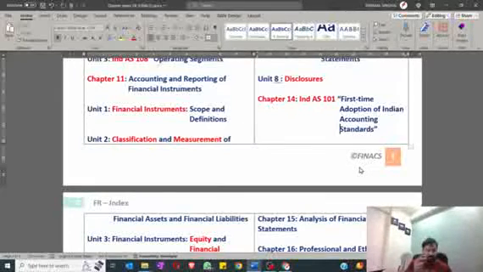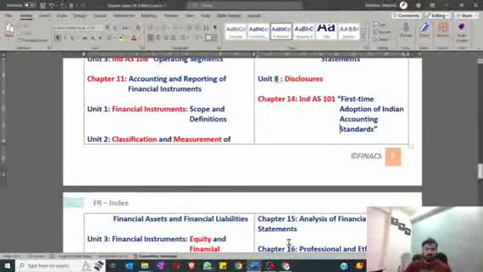So you will be finding two series in Ind-AS. One is the 100 series, Ind-AS 101, 102, 103, 104, and the other is the 1, 2, 3, 4 series, Ind-AS 1, Ind-AS 2, Ind-AS 3, Ind-AS 4, Ind-AS 38, Ind-AS 40, like this. So the 100 series is convergence from IFRS, and the normal 1, 2, 3, 4 series is convergence from, or adoption of, IAS, International Accounting Standards.